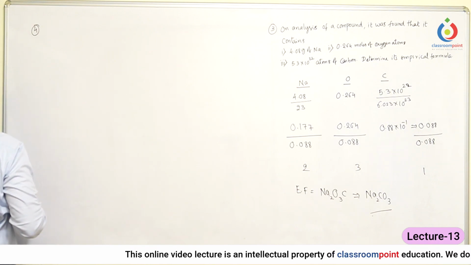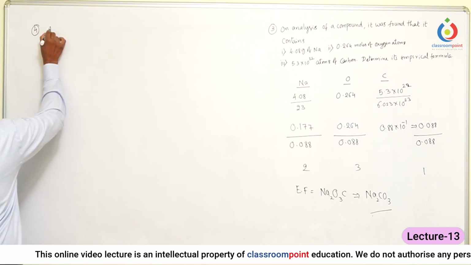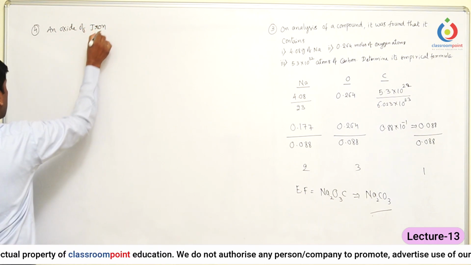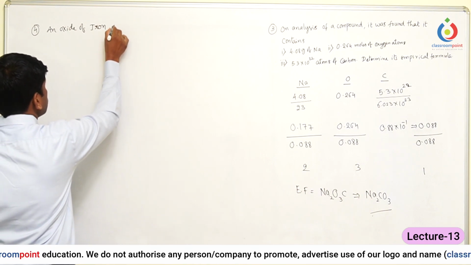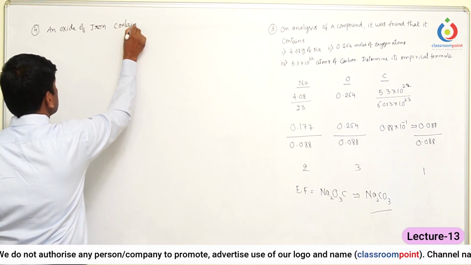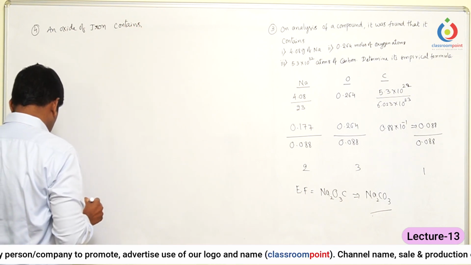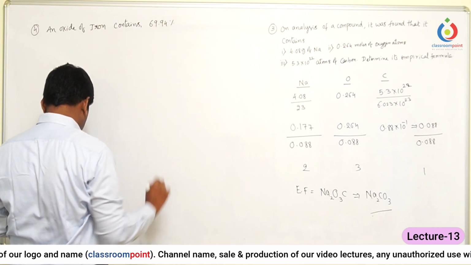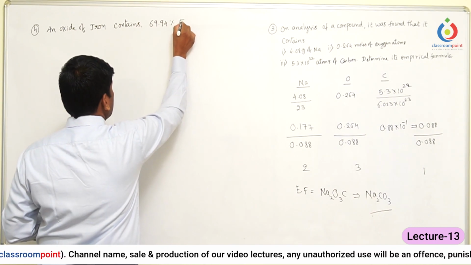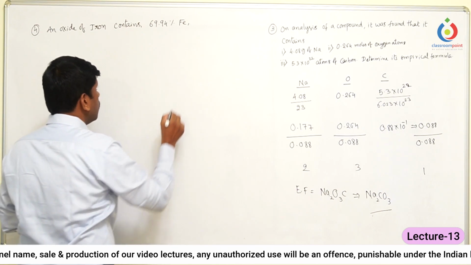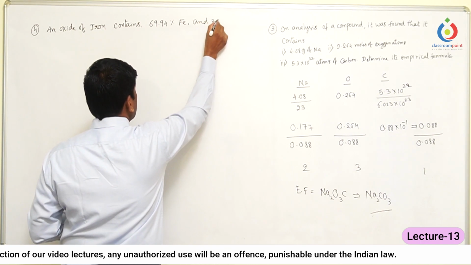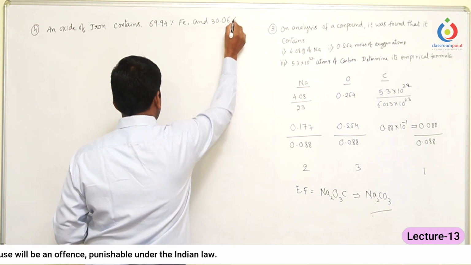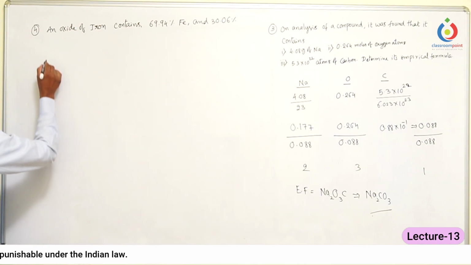So question number 4. An oxide of iron contains 69.94% of iron and 30.06% oxygen.